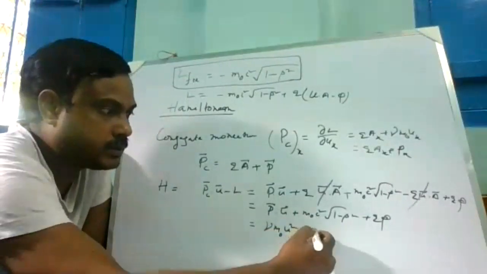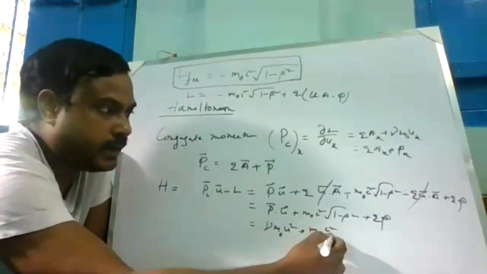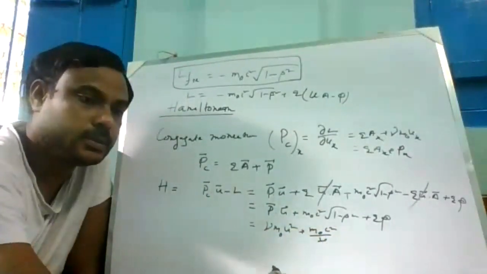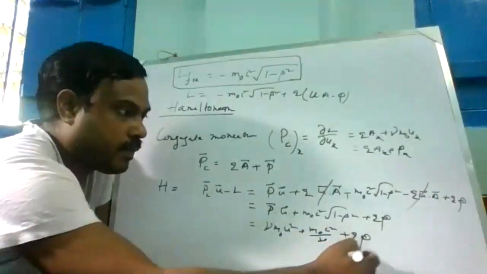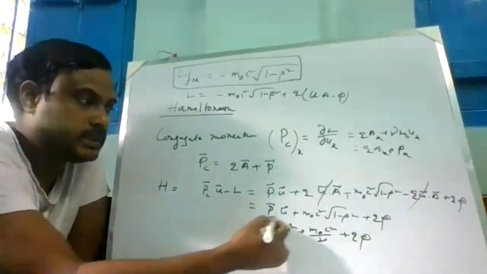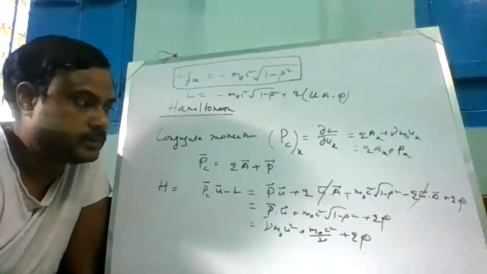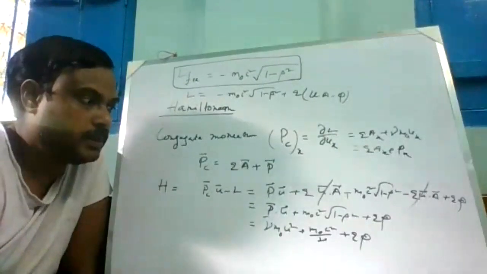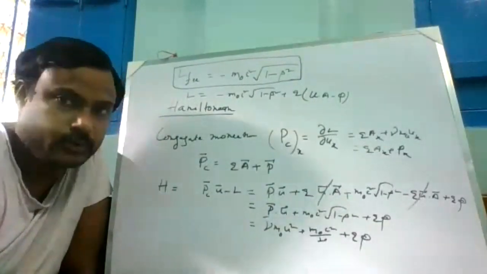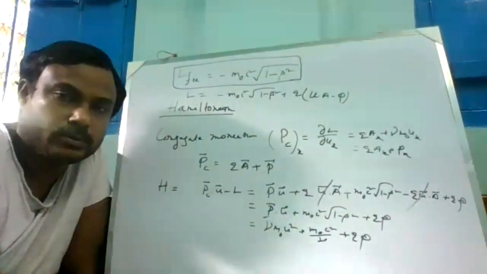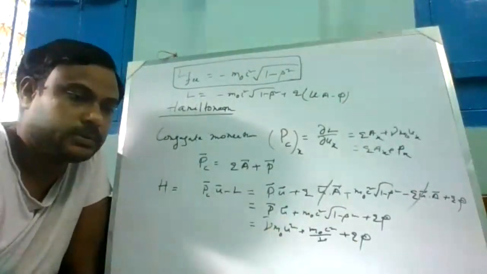And this will be equal to m0 c²/γ plus qφ. You can check it for yourself. P dot u will be equal to γ m0 u, with P equal to γ m0 u and u being u, so γ m0 u². Very simple.